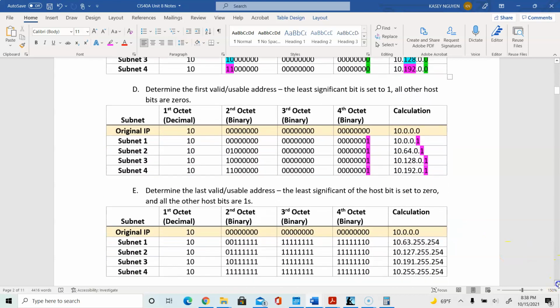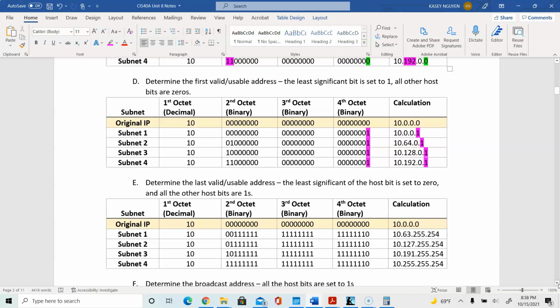Then after that, I need to determine the last address in each range for each subnet. So here it tells us that the least significant of the host bit needs to be set to 0, and everything else is going to be changed to 1. So in the first subnet, I know that this came from the variation that I looked at earlier.